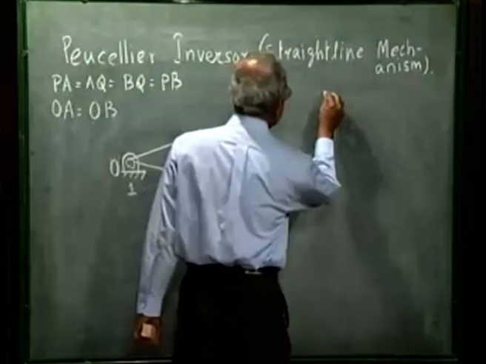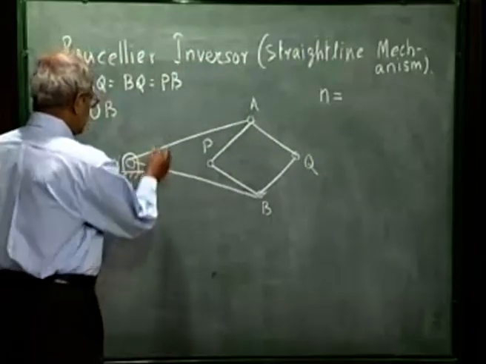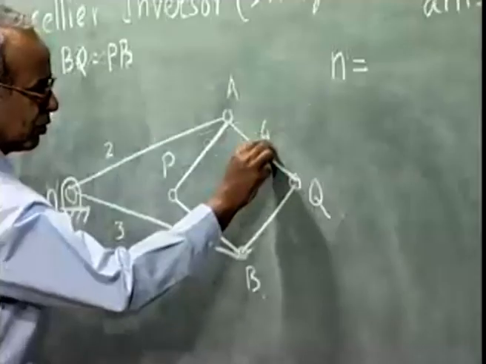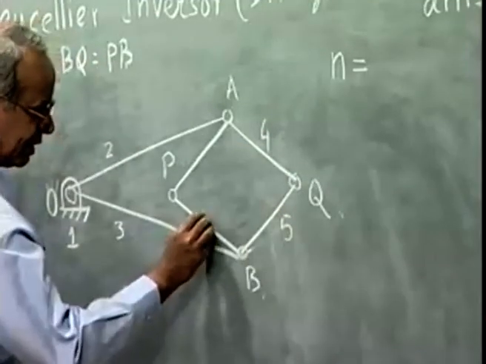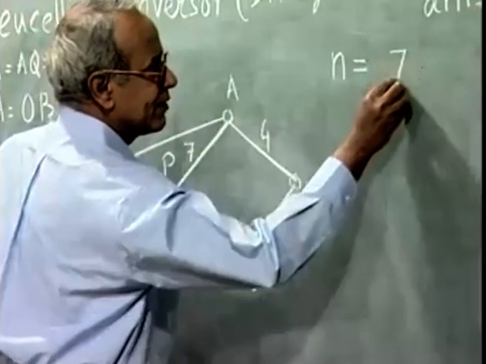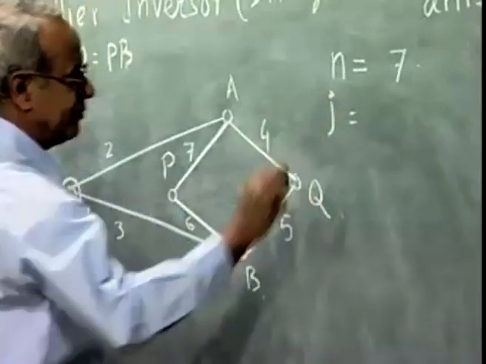How many links we have? Link number n is 1, 2, 3, 4, 5, 6, 7. So n is 7. How many hinges we have?